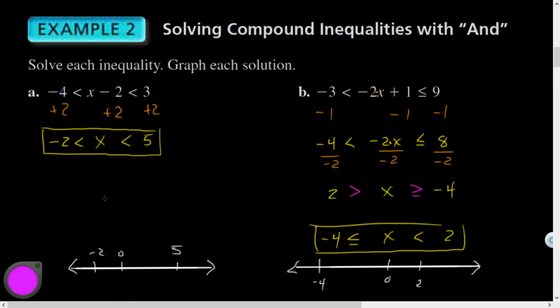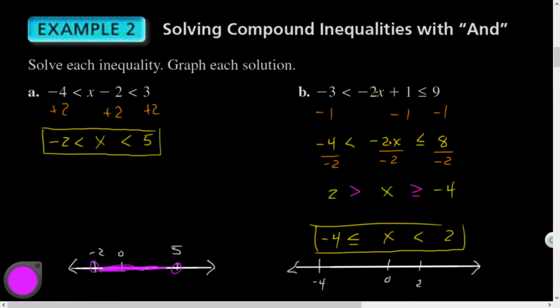And are these going to be shaded in between or shaded away from each other? These are and problems. X is in the middle, so my solutions will be in the middle. They'll be shaded in between. So -2 is less than x, so open circle at -2, and x is less than 5, open circle at 5. X is in the middle.